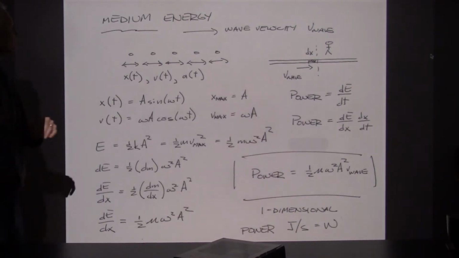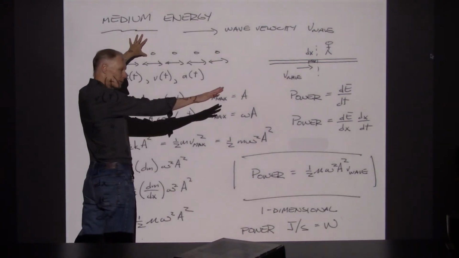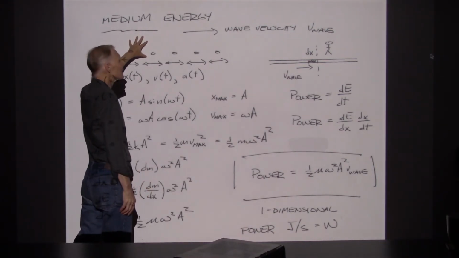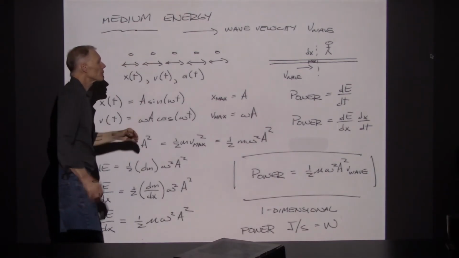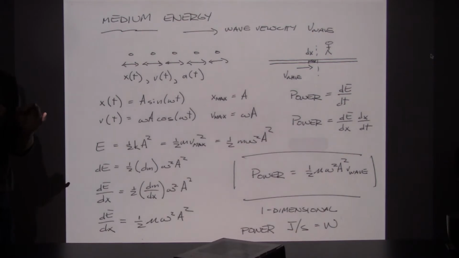So let's take a look and see. Now, the energy that we have as the wave propagates is the energy of the medium oscillating back and forth. So it's oscillatory energy. It's the same stuff we looked at in chapter 14.